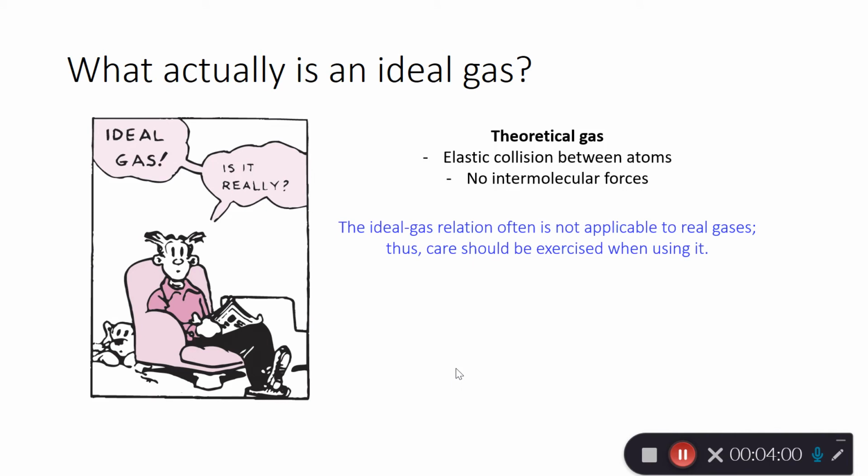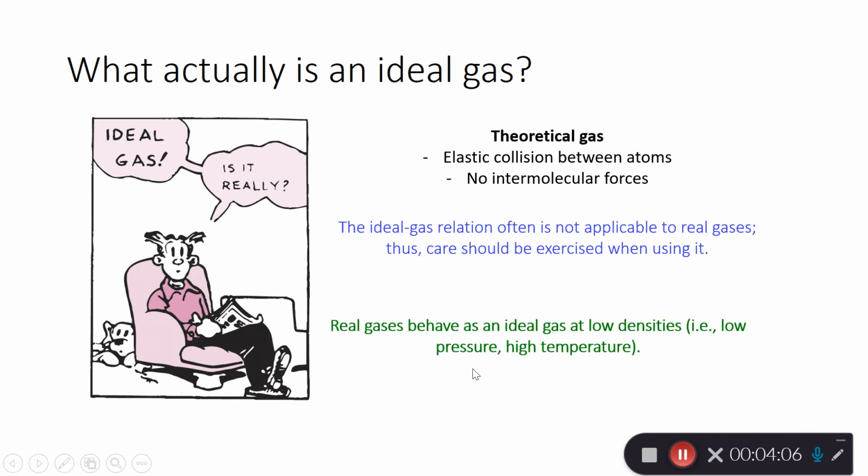When can we actually use the ideal gas theory? It is when real gases have low density. For example, at low pressure and high temperature, gases will have low densities. Therefore, only in this situation, we can treat them as ideal gas and we can use the ideal gas equation.